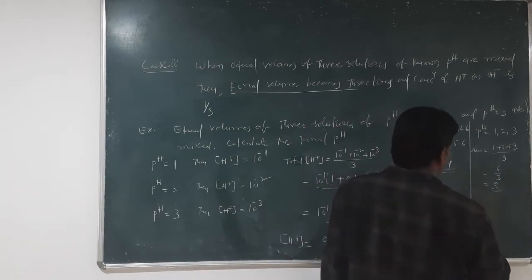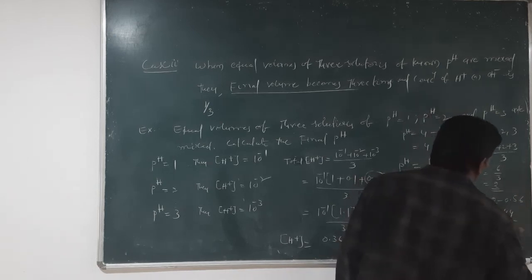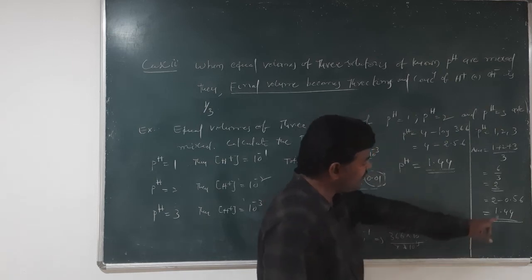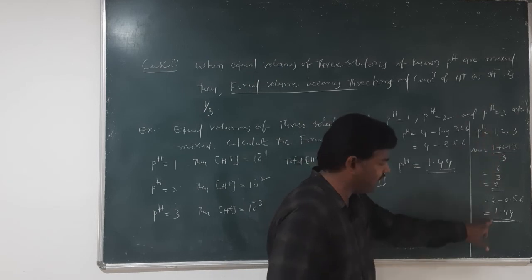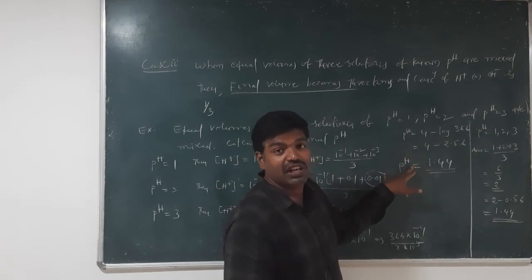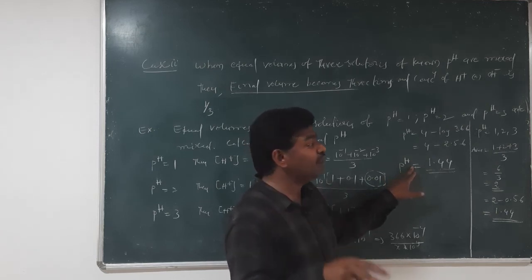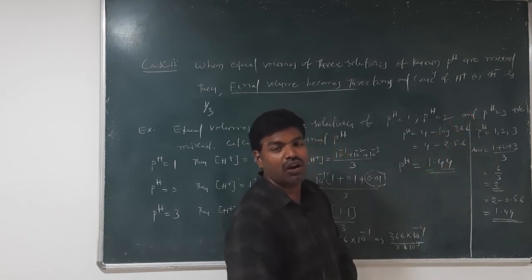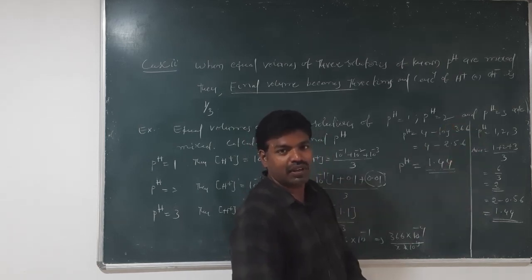So the final pH is 2 minus 0.56, that gives 1.44. So the final pH that we get from the shortcut and the final pH that we get from the conventional calculation are the same. So we need to follow this shortcut to solve the problem instantaneously, right?